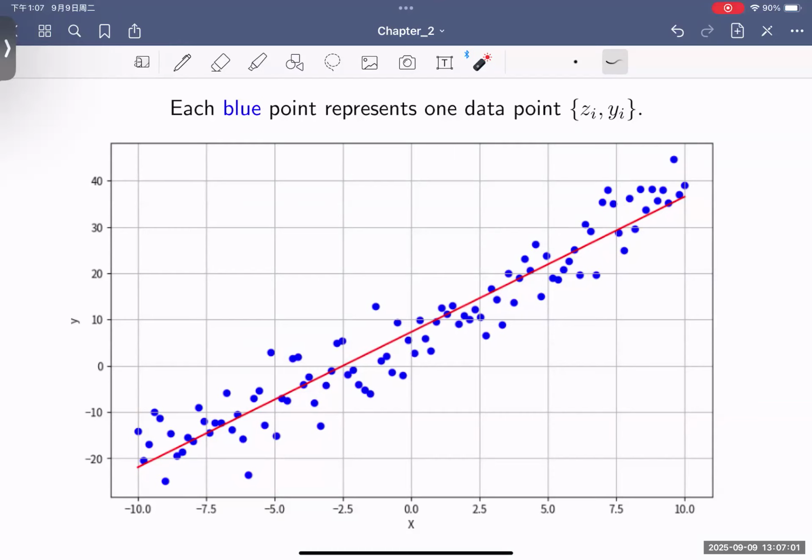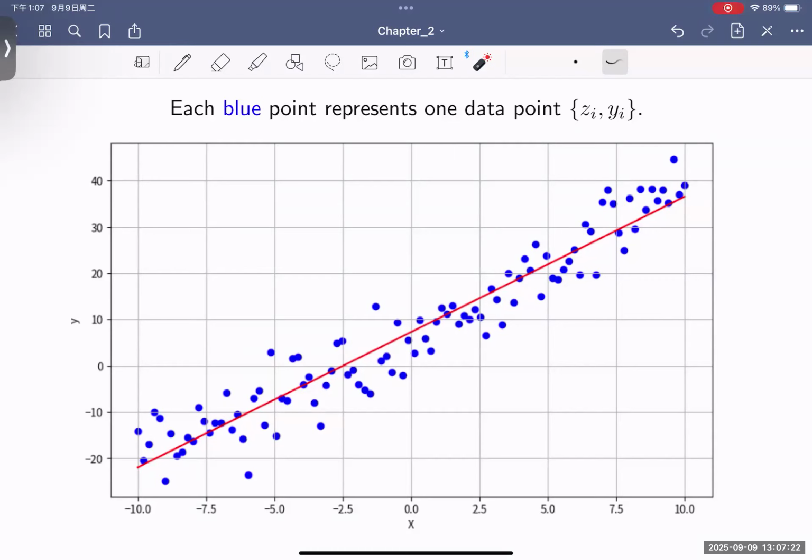But of course, that approach looks a little weird. The reason is that this type of function may perform well on our given data, but if some new data comes in and we test this function, it may not perform well.